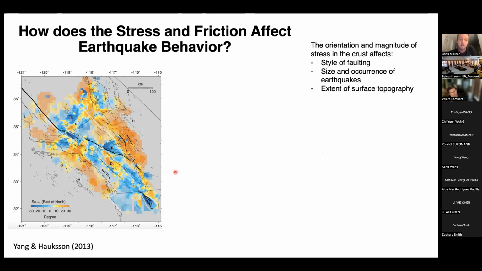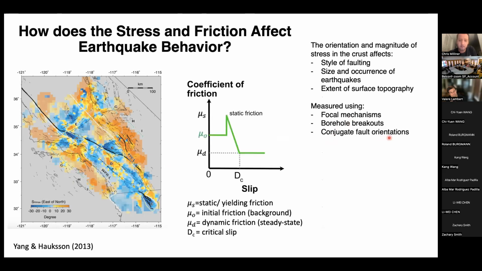The magnitude of stresses is important because it can affect the size and recurrence of earthquakes and the extent of surface topography. Typically, this is measured using focal mechanisms, so you can invert focal mechanisms for the stress orientation, and I'll talk a little bit more about how that's done, using borehole breakouts or conjugate fault orientations.